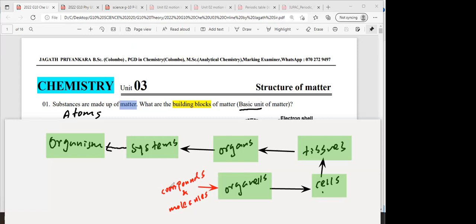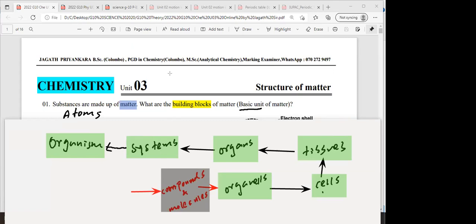They are made of what? Compounds and molecules. Right. So you can write here, this is chemistry. Compounds and molecules. If you take it further, they are made of elements. They are made of elements.